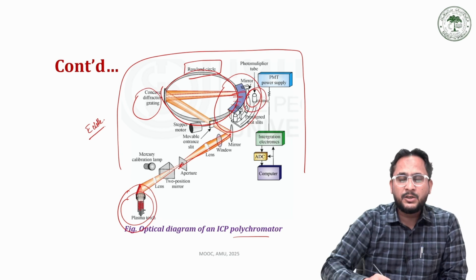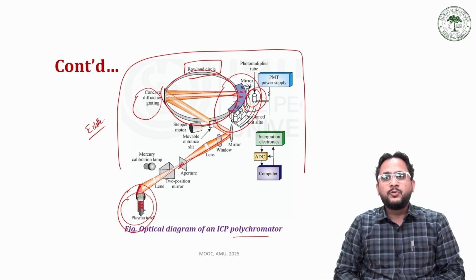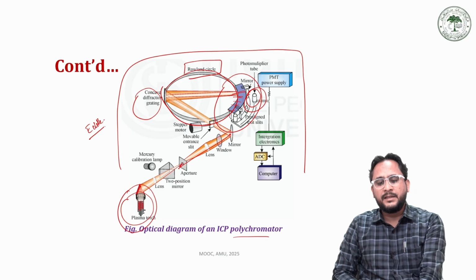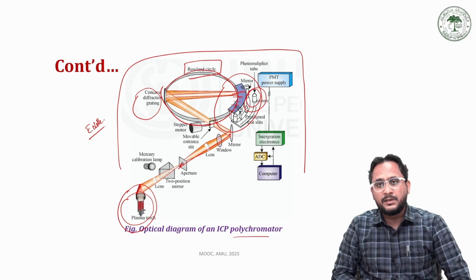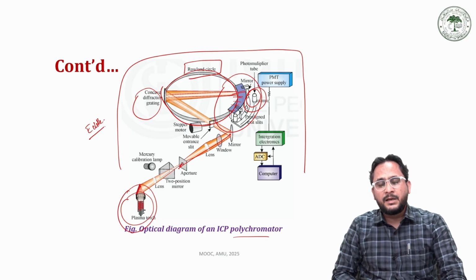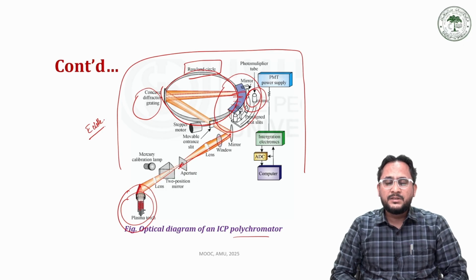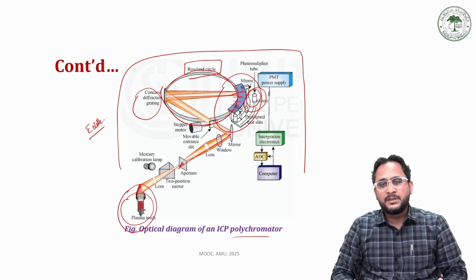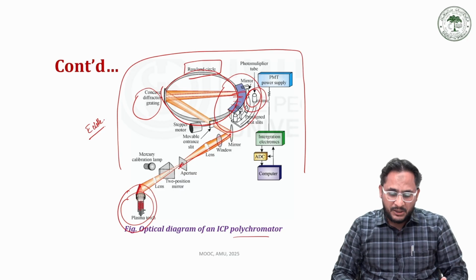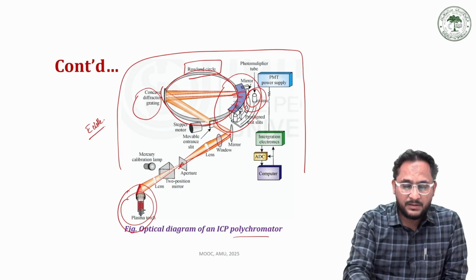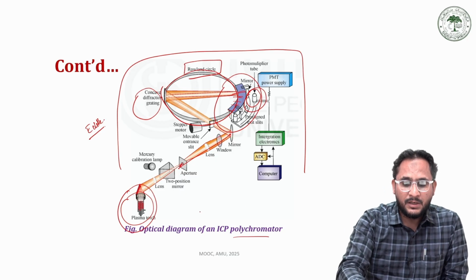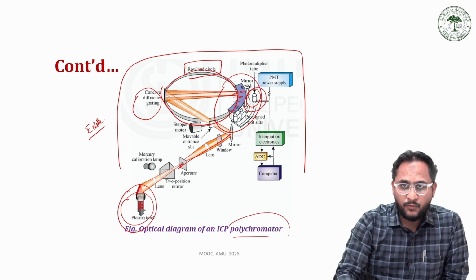These photomultiplier tubes are connected to our output device. They capture photons, converting them into an electrical signal, which is then amplified and finally presented in the form of peaks on the spectrum. So this shows how a polychromator works.